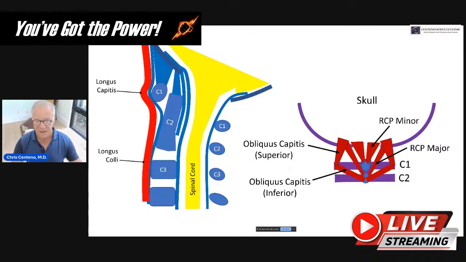Now, realize that we've got all the small muscles in the back of the neck here. And of those small muscles, a really important one for our purposes is this rectus capitis posterior minor, because that jacks directly into the dura and can cause headaches. So frequently we'll inject that one with its tendon.